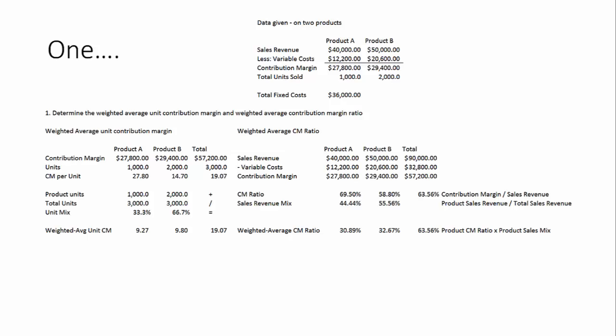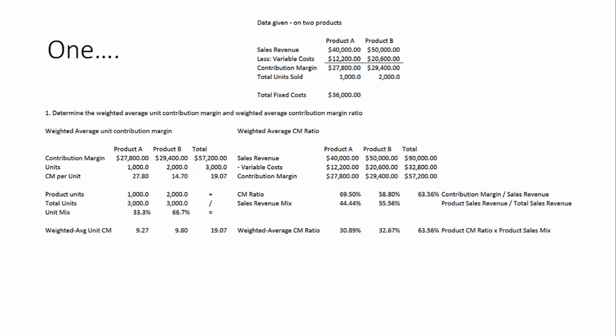Because we have multiple products, we will be calculating a weighted average unit contribution margin and a weighted average contribution margin ratio. Our contribution margin is taken from the data that was given to us. Then we take the units and get a contribution margin per unit. For product A, 27,800 divided by 1,000 units gives us 27.80, which is the contribution margin per unit.